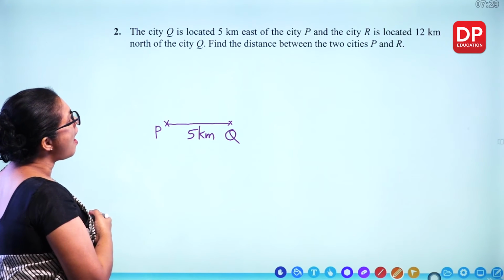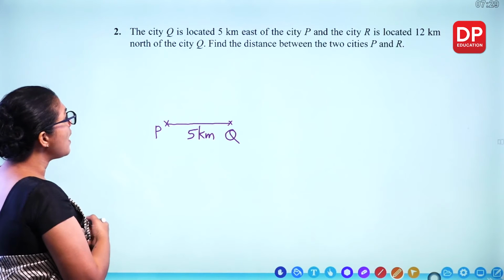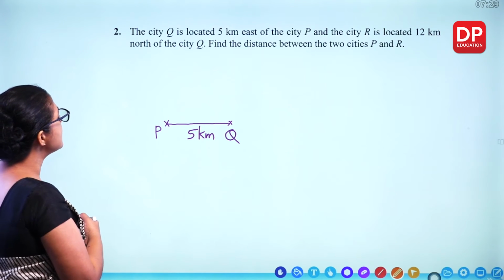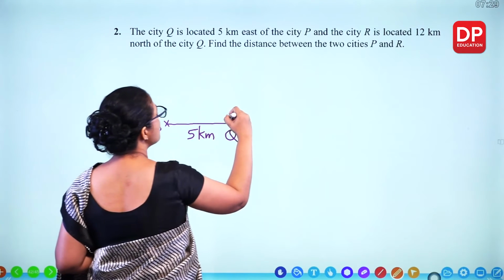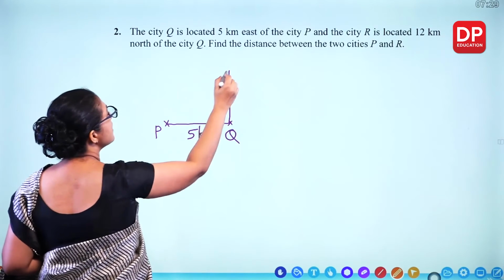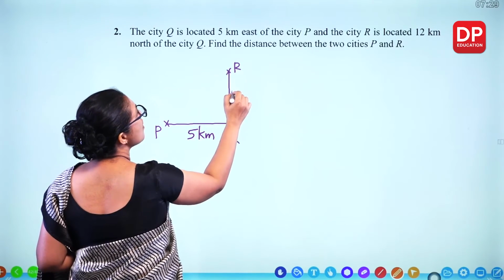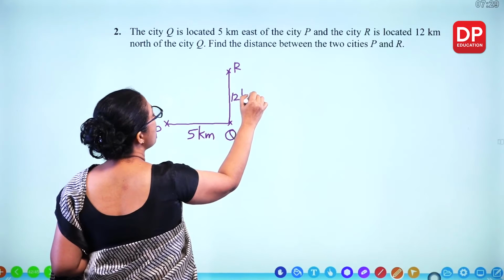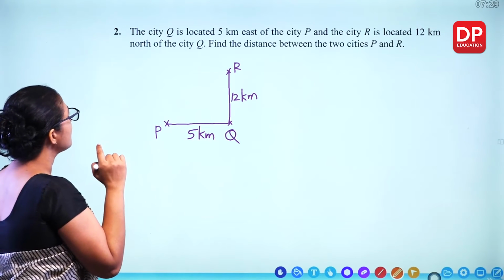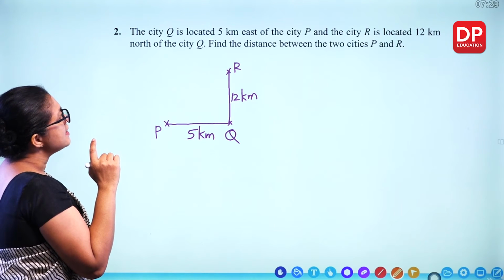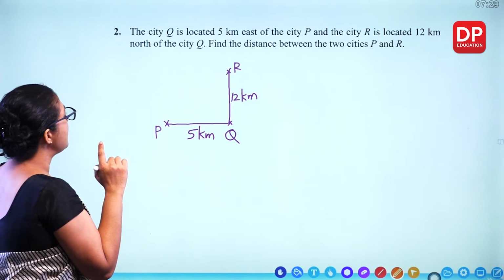And the city R is located 12 kilometers north of the city Q. North means straight away a vertical line. So R is 12 kilometers away from Q. Find the distance between the two cities P and R.